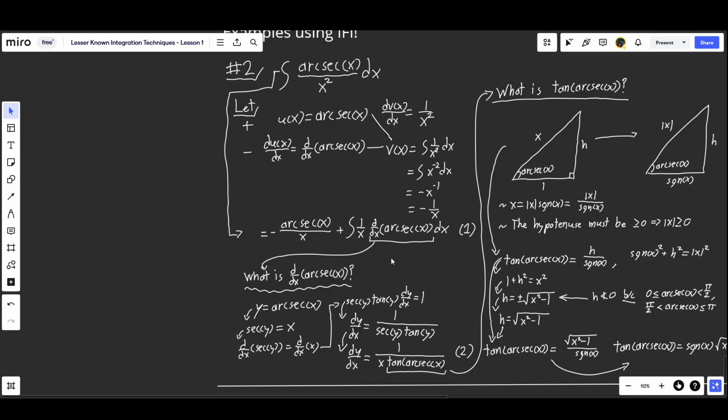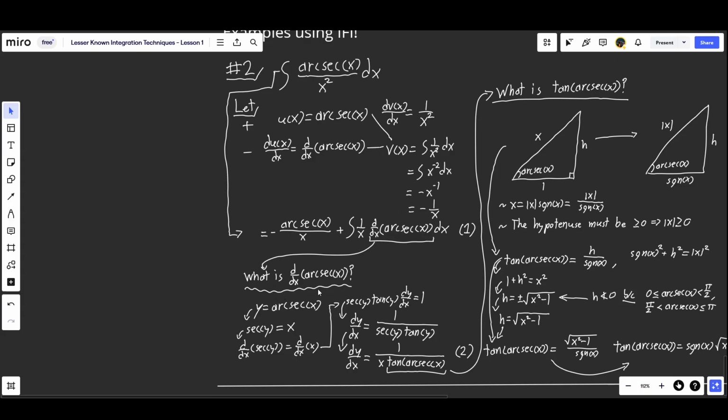You've probably noticed that I never actually specified what the derivative of arcsecant of x with respect to x is actually equal to. Unless you're particularly knowledgeable about identities of inverse trig functions, we'll have to calculate this on the fly.